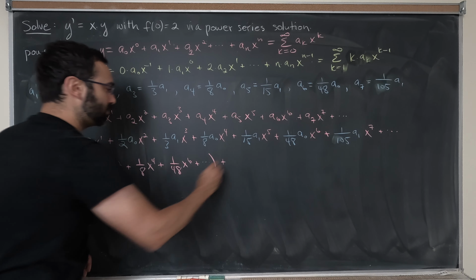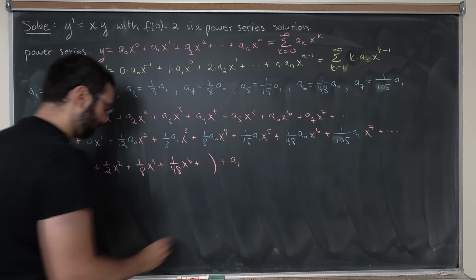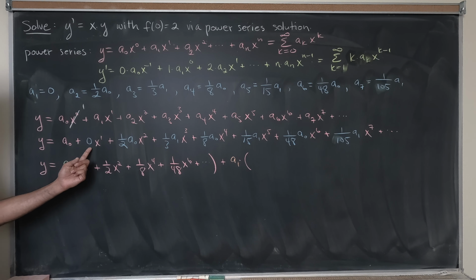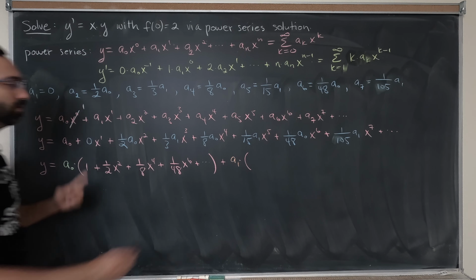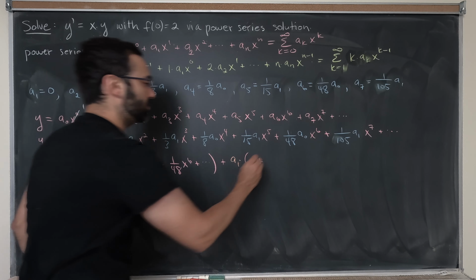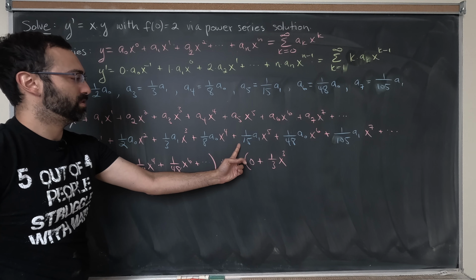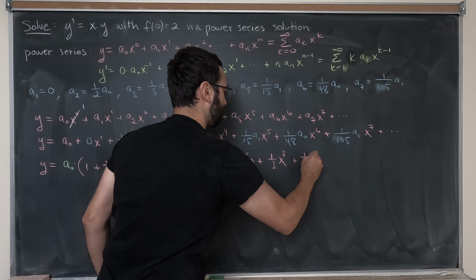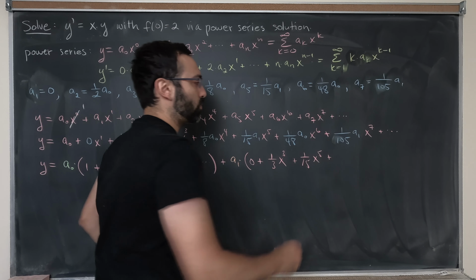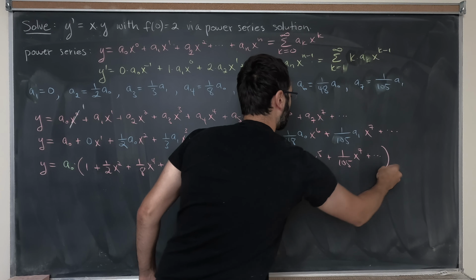Plus we also have the terms containing a1. So we'll factor out a1 from those terms. So a1 times 0 plus a third x cubed plus a 15th x to the 5 plus 1 over 105 x to the 7 and so on.